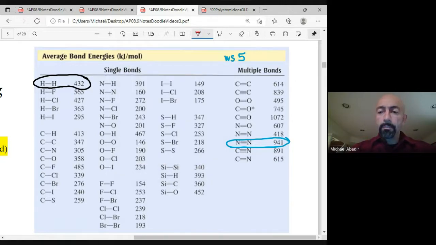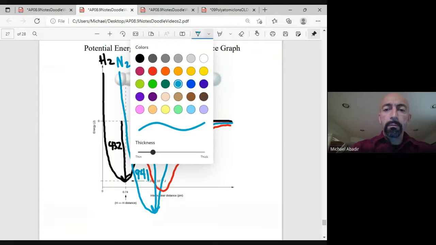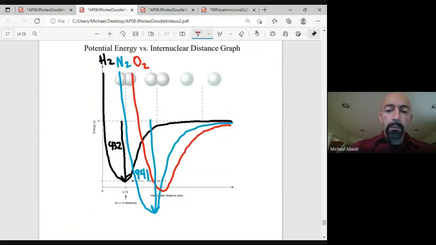The oxygen double is 495. So 941 is the nitrogen, and 495 is the oxygen, so this is going to be right here, 495.